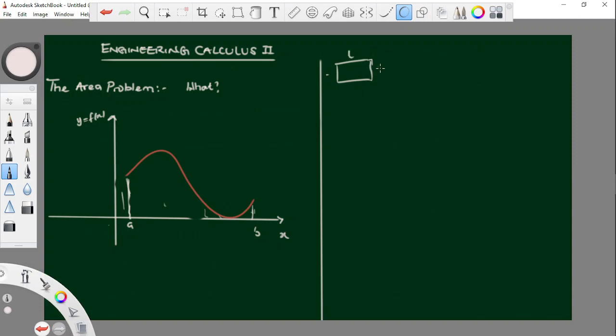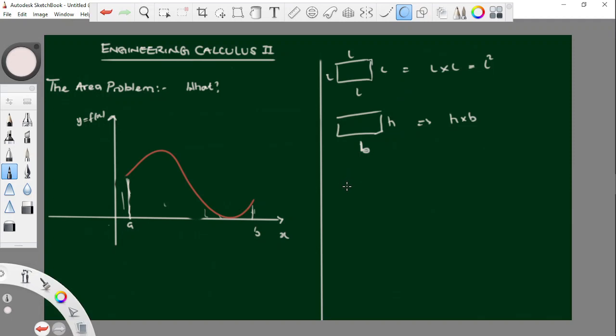For a square, where all the lengths are equal, it will just be the length of the base L multiplied by the length of the height, which is L. So we have L squared. For a rectangle, if we call the length of the base B and the height H, the area is going to be the height multiplied by the base, or length times breadth as you might be used to.